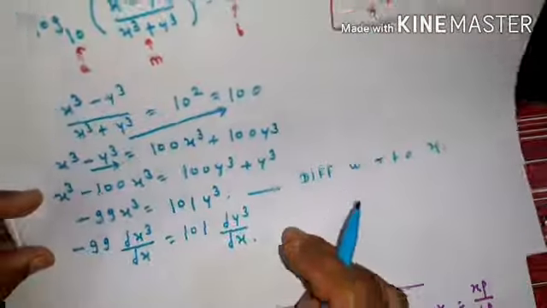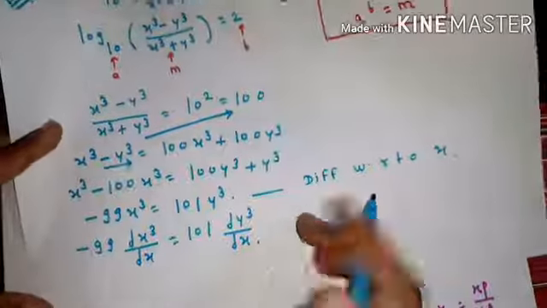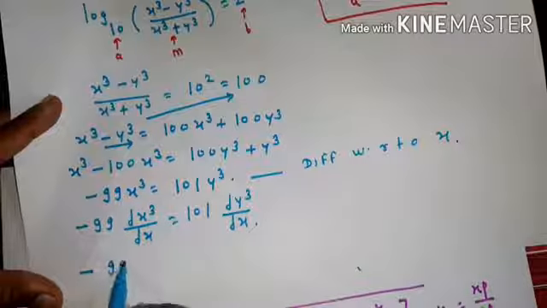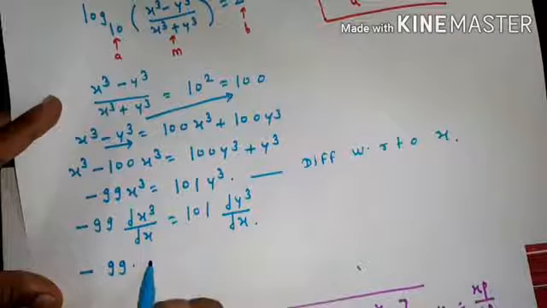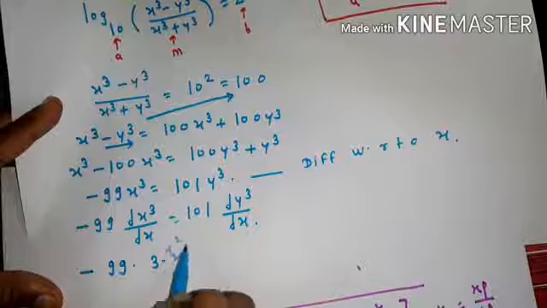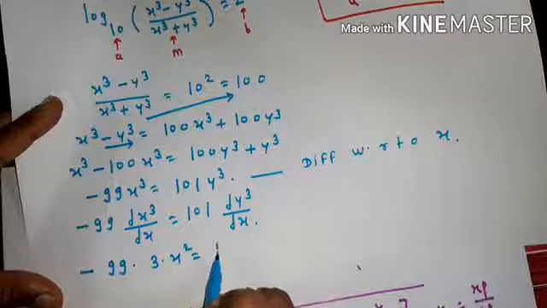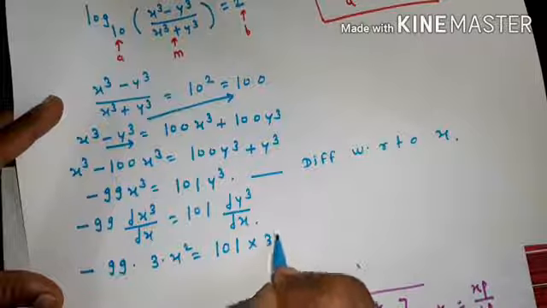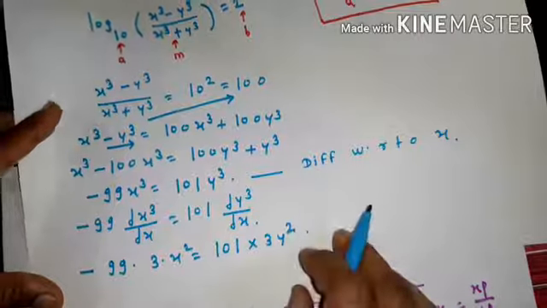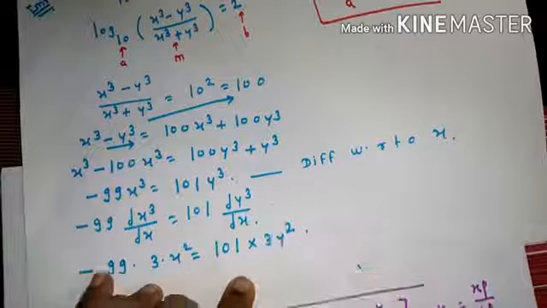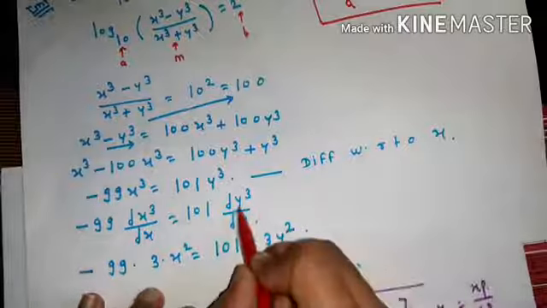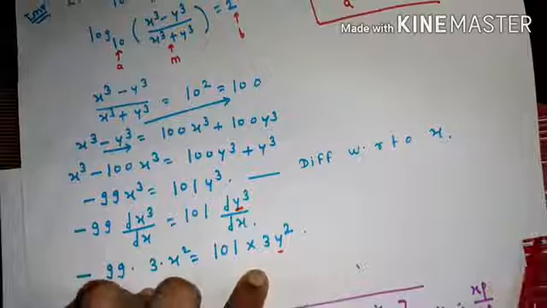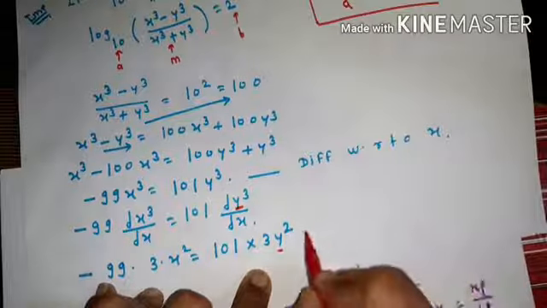Okay students. So here minus 99, differentiation of x raised to 3 is 3x square, equal to 101 as a constant. Differentiation of y cube is 3y square, and again y with respect to x is dy by dx.